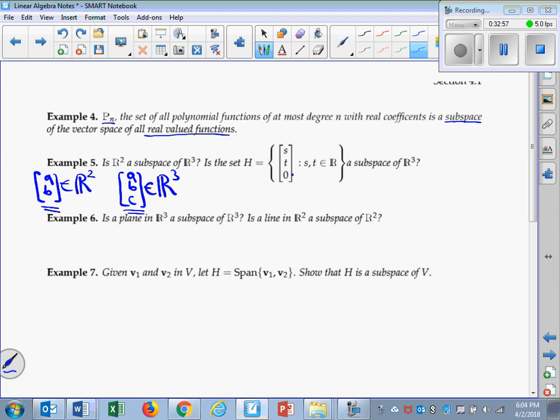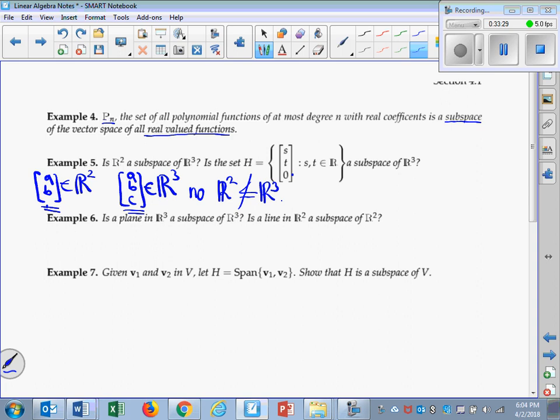You'll always have a three-dimensional vector in a three-dimensional space and a two-dimensional vector in a two-dimensional space. You can't somehow get that third component that we're lacking. So the answer is no, R2 is not a subspace of R3. It seems like it would be, but it's not.